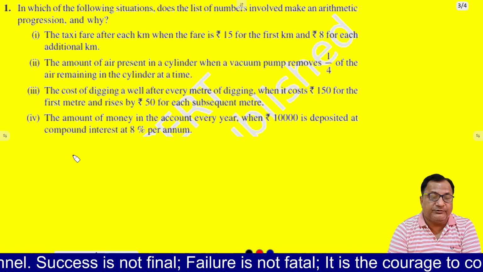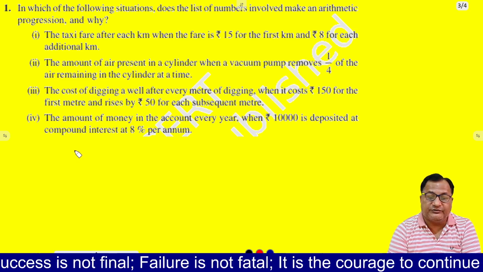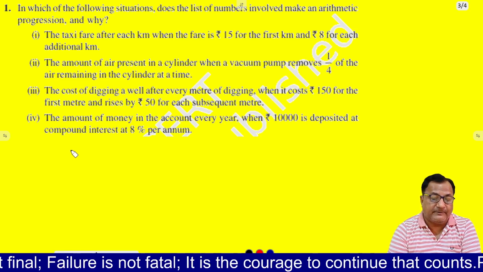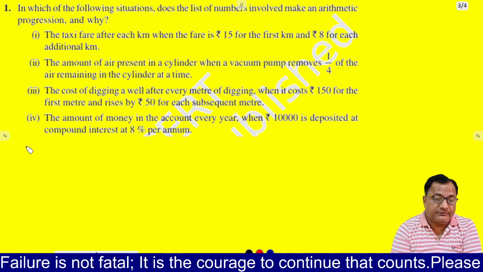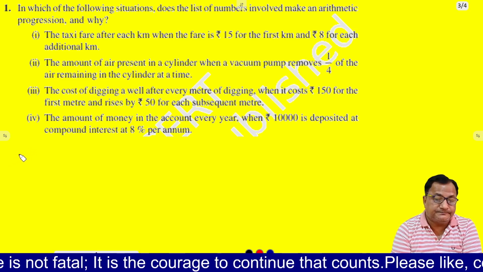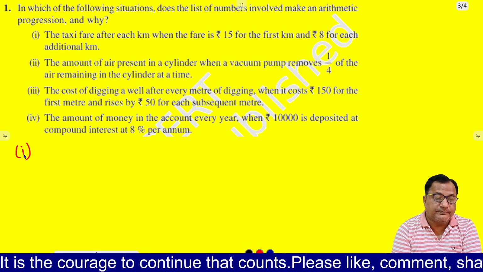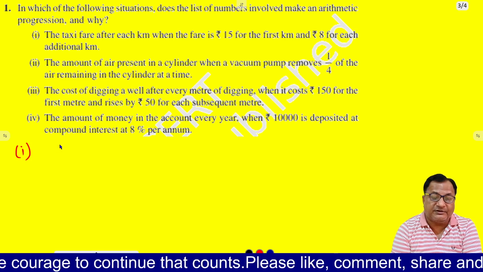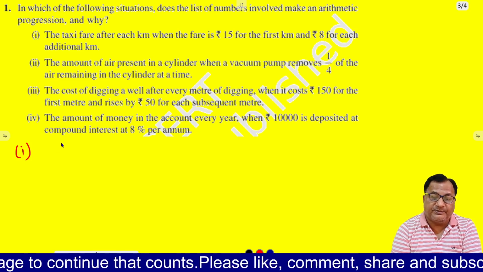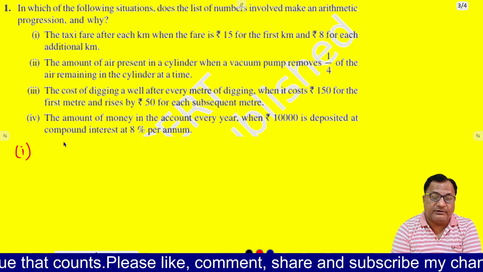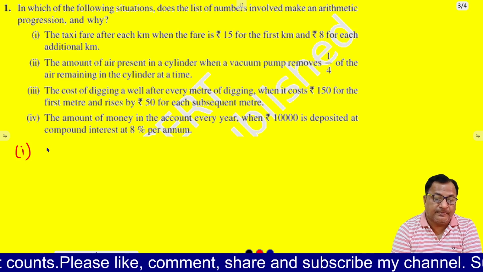The question: in which of the following situations does the list of numbers involved make an arithmetic progression, and why? Question number 1: the taxi fares after each kilometer when the fare is rupees 15 for the first kilometer and 8 for each additional kilometer.